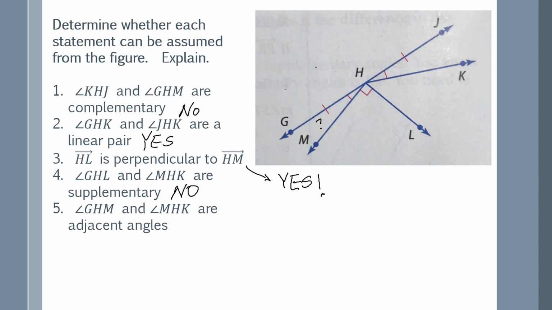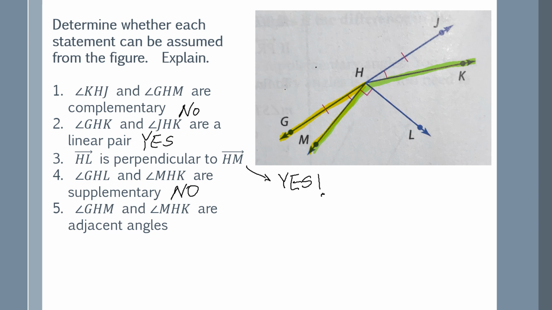Okay, our final question here on assumptions. Angle GHM and angle MHK are adjacent angles.